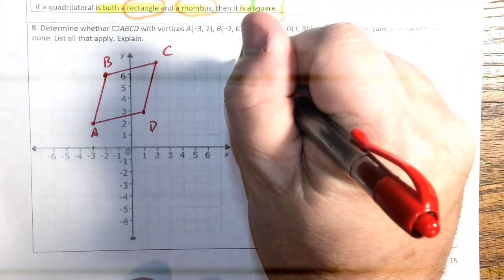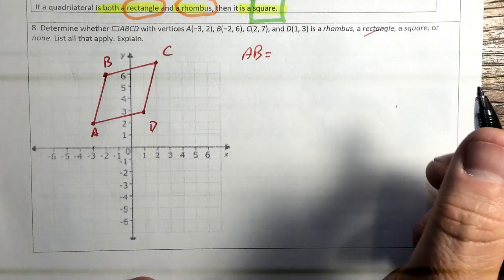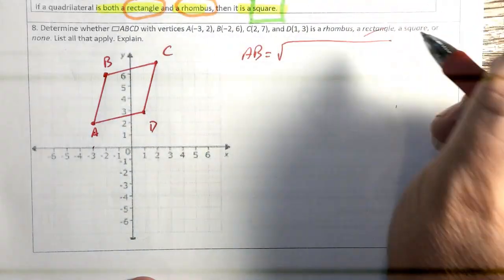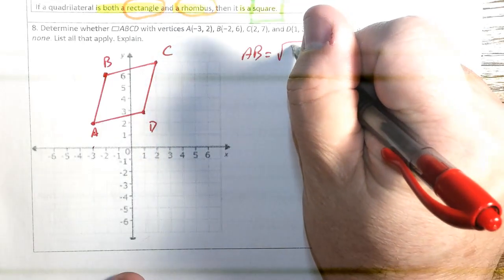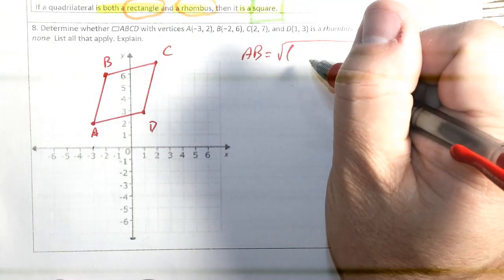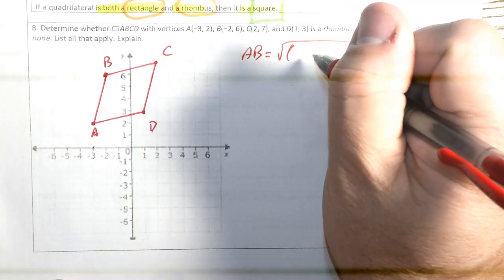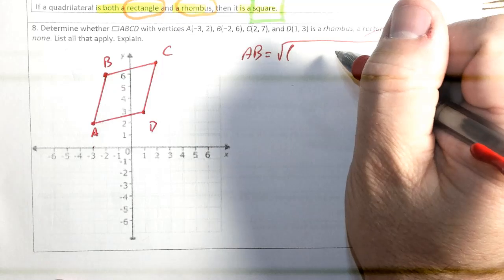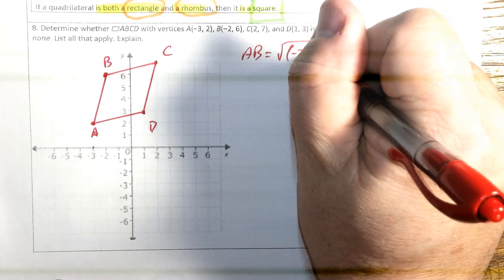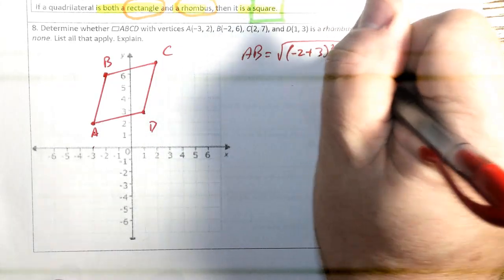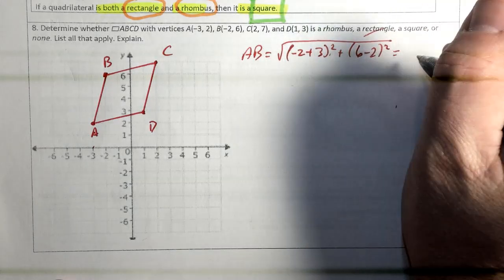All right, let's start with AB. So distance formula is the square root of y sub 2 minus y sub 1 squared plus x sub 2 minus x sub 1 squared. You guys know this, hopefully. If not, then you need to come see me. So for AB, we have negative 2 plus 3 squared plus 6 minus 2 squared.